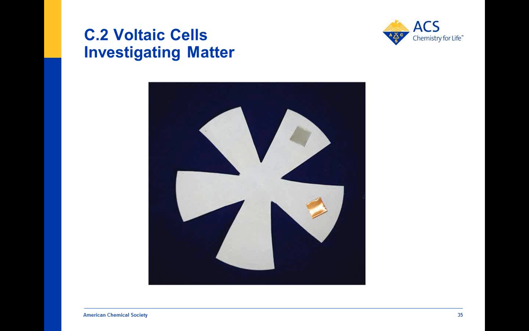It's simply a piece of filter paper cut with 5 arms, you could use 4 if you only had 4 metals, and each metal piece is placed on an arm. The metal ion solution is what keeps the metal in contact with the filter paper, and then you have the salt bridge or the potassium nitrate in the center that you're dropping out, and so the filter paper gets damp, but you don't have puddles of water in between it.